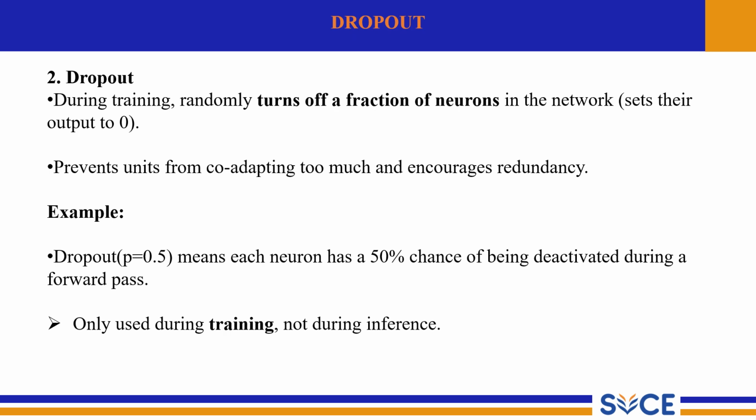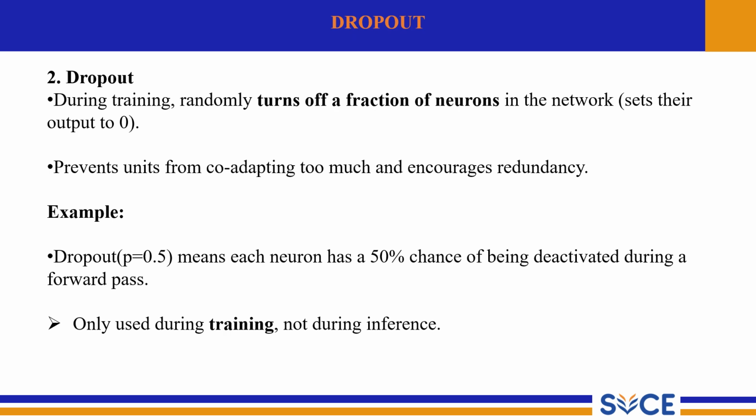For example, if we set dropout with p equal to 0.5, each neuron has a 50% chance of being deactivated during a forward pass. This forces the network to learn multiple independent pathways for prediction, making it more robust. It is important to note that dropout is only applied during training.